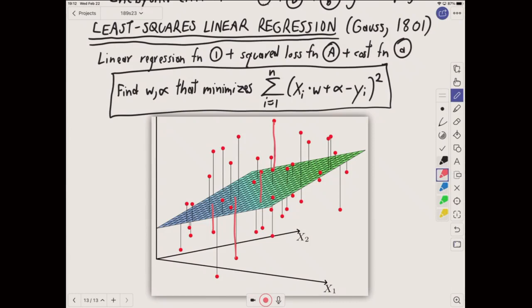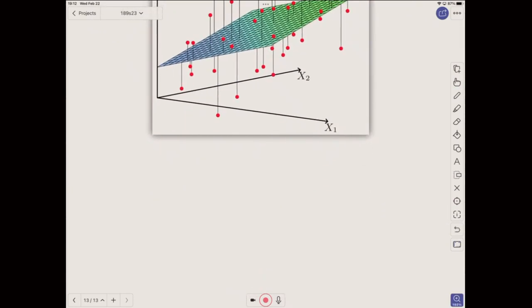We want to minimize the sum of squares of the lengths of those vertical line segments. And that tells us which plane we should choose. So that's just what linear regression is intuitively. So let's get down to the math of how we do that.